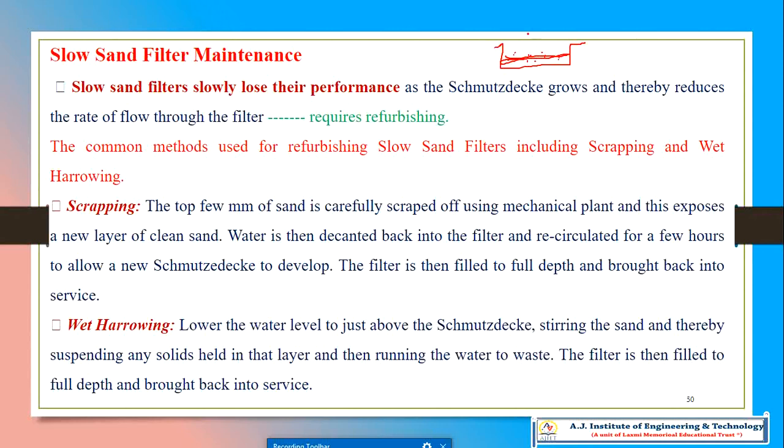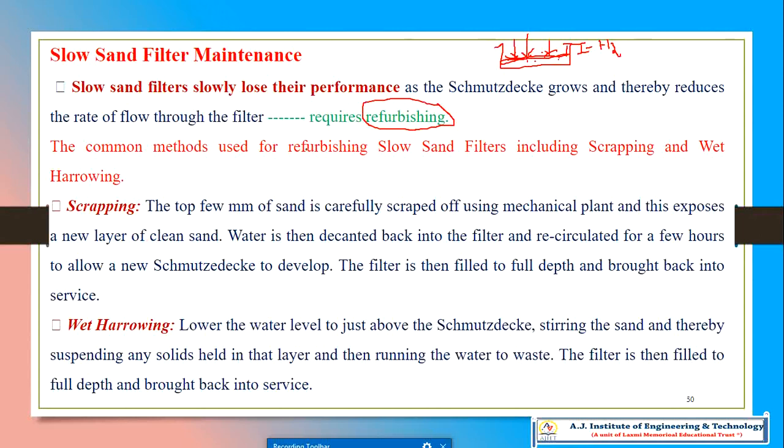When the water is passed here, the water will not be allowed through this bed, so there will be a creation of head loss. This head loss reduces the rate of flow through the filter. So refurbishing is required in these cases.